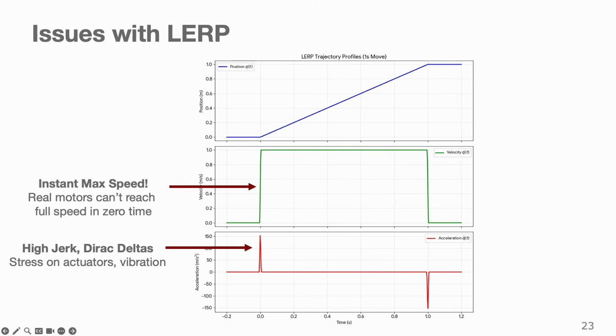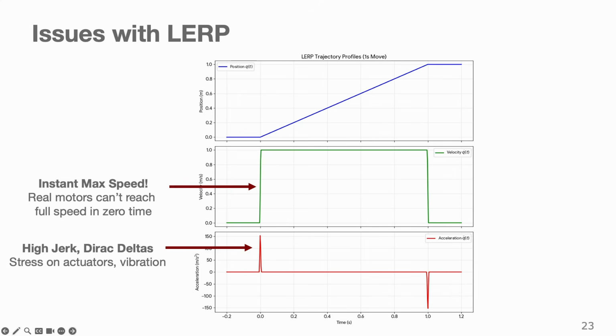It will produce a lot of stress on the robot hardware, with these infinite spikes of acceleration. It's going full on, and then at the end it's going from max speed to zero from one time step to the next. So that's pretty bad.